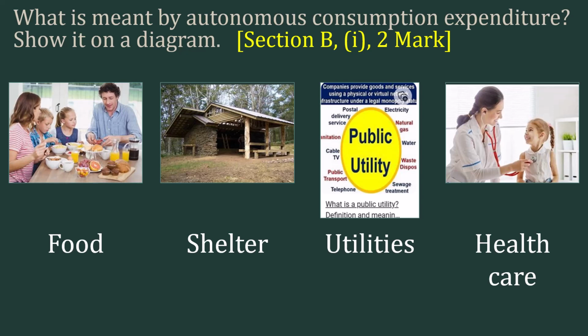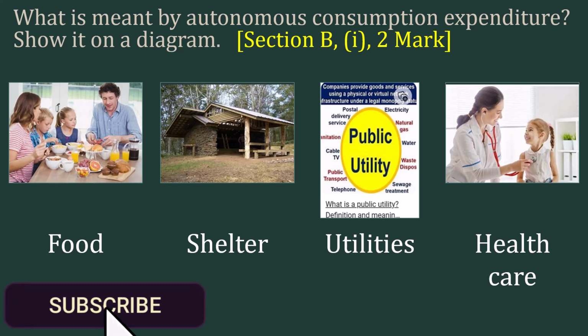Whether a person earns income or not, he has to meet all these essential expenses. Hence, they are considered autonomous. These expenses are normally met from past savings and borrowings.